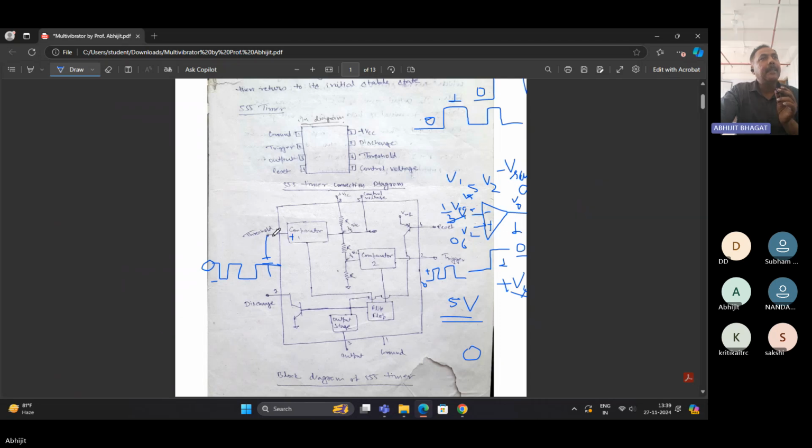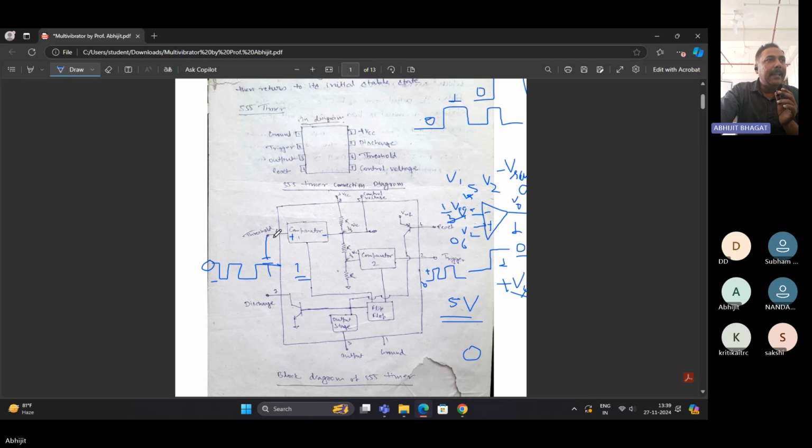If the voltage at pin 6 is greater than this terminal voltage, your output will be changed. So this capacitor voltage is the voltage across pin number 6, and depending on that, the comparator 1 output will be changed here.